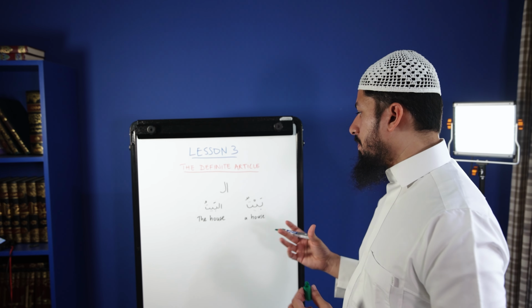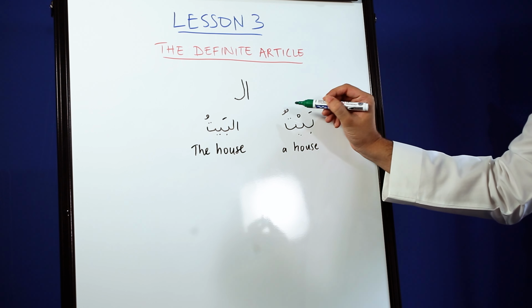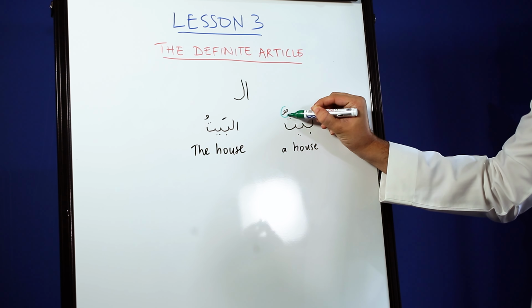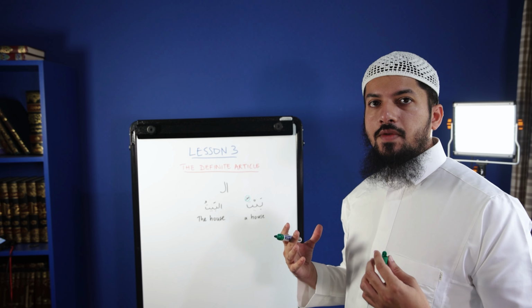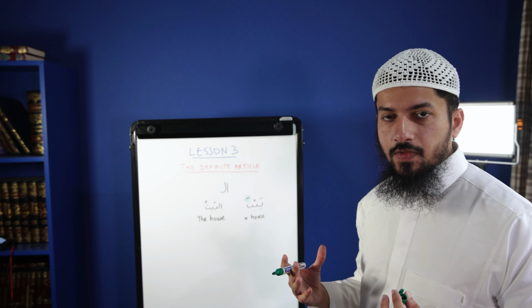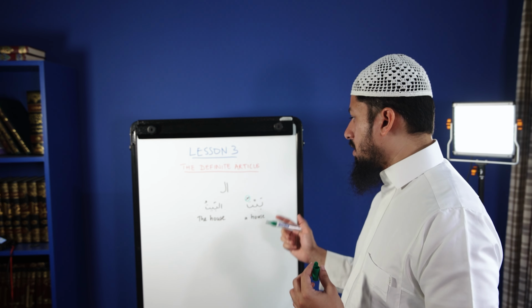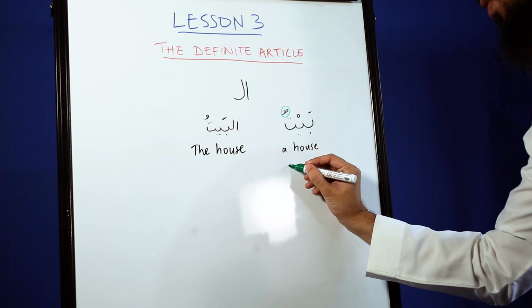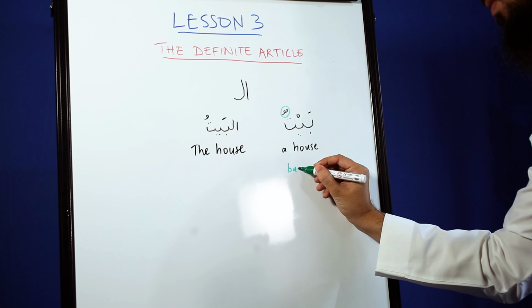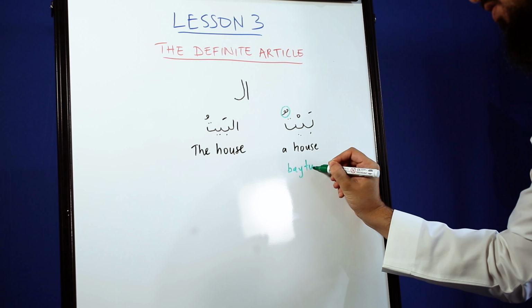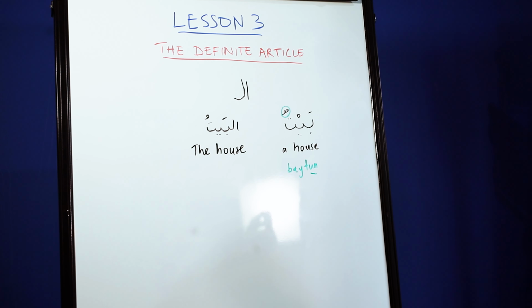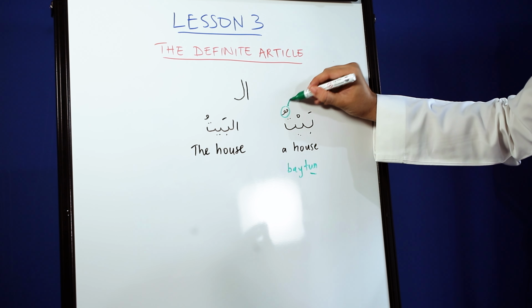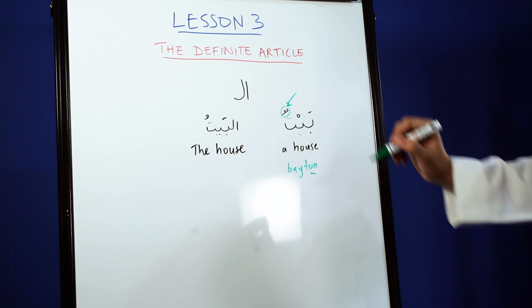One thing to keep in mind is that in the nakira form, the nakira means the indefinite form, by default we have what is known as a tanween. The tanween is the noun sound at the ending of the word. So we read this as baytun. This un sound is what is known as the tanween, and it is represented by the double haraka.